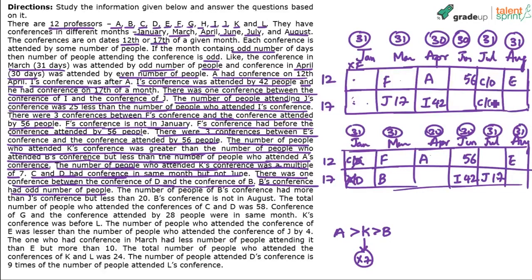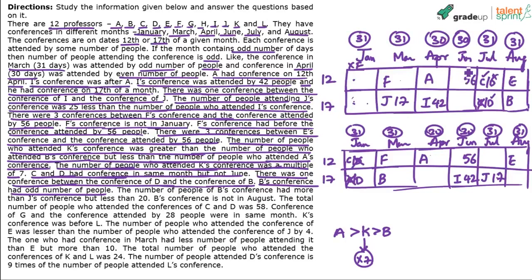Which means D cannot come here. D has to come here, and C has to come here. So D dash B comes here. Otherwise I could have gone in the reverse direction also. But now I'm not going in reverse direction because he says B's conference had odd number of people. I can take D here, and it will be dash B. B can come in June, but he says B's conference was attended by odd number of people.